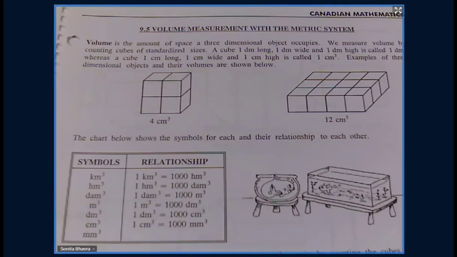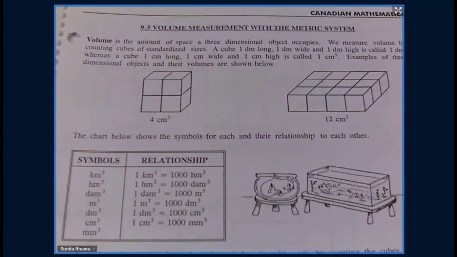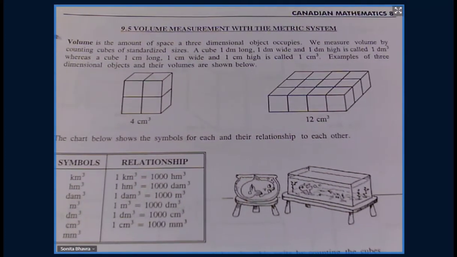Okay, so this lesson is volume measurement with the metric system, and you'll get this under your modules. This is the 9.5. So volume is the amount of space that a three-dimensional object occupies. So we would measure volume by, in this example, you can count the cubes of standardized sizes.